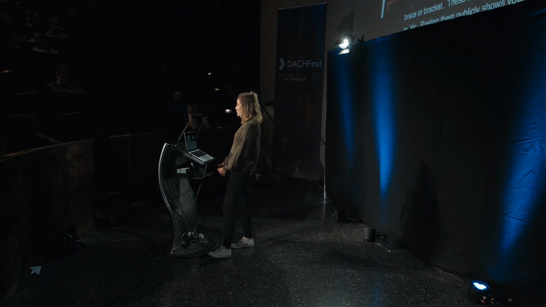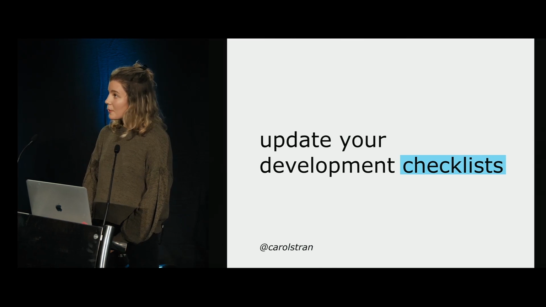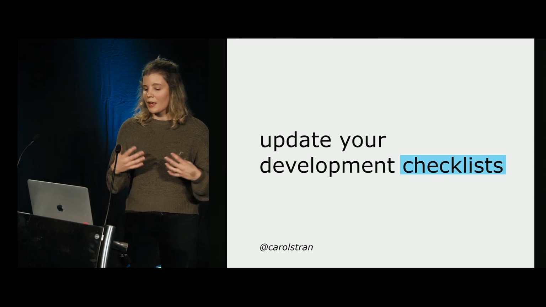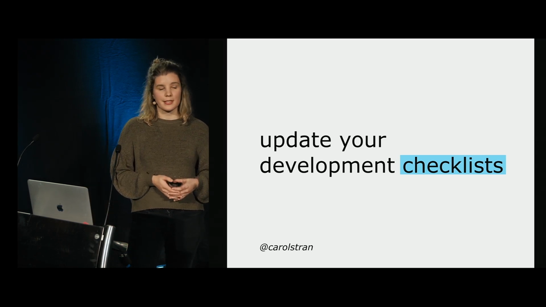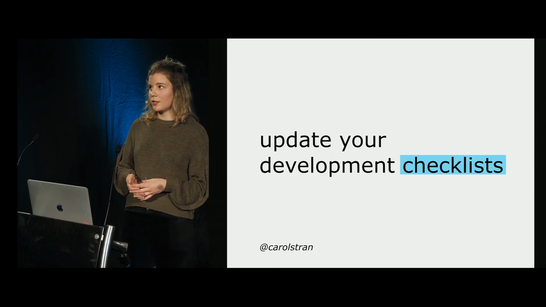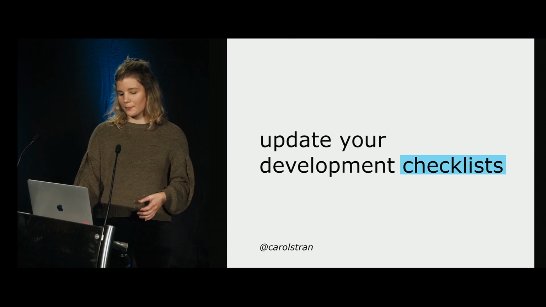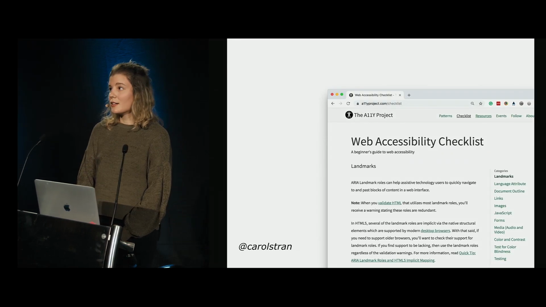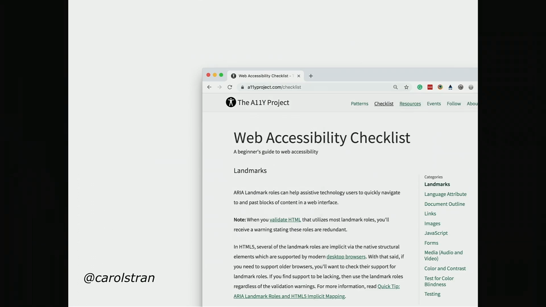Many of the points I've mentioned in this talk can be added to development checklists, and that way you can check for these accessibility issues before it even gets pushed to production. And if you don't know where to start, the A11y Project has a pretty thorough one that you can use, reference, or adapt for your projects.